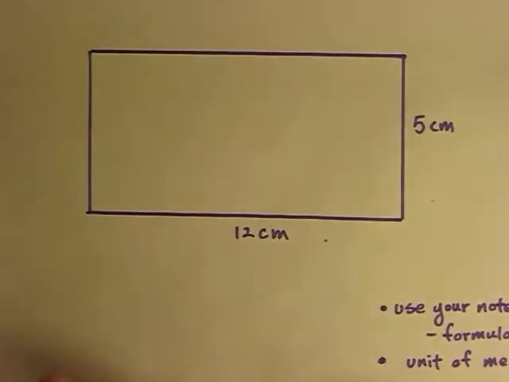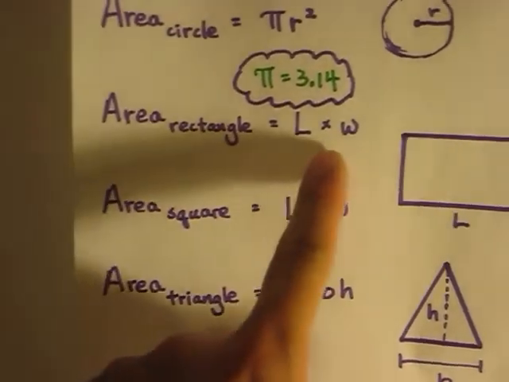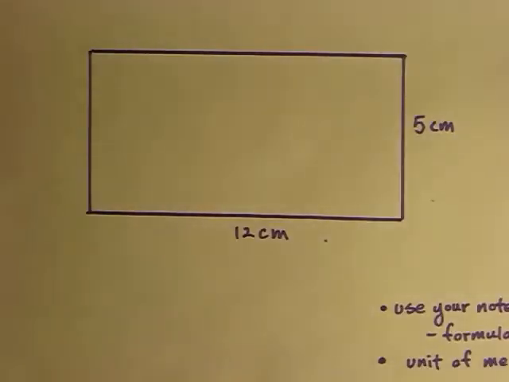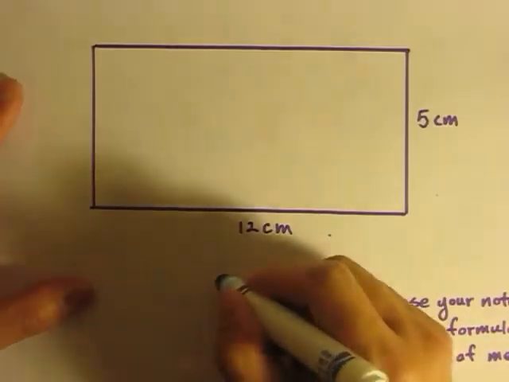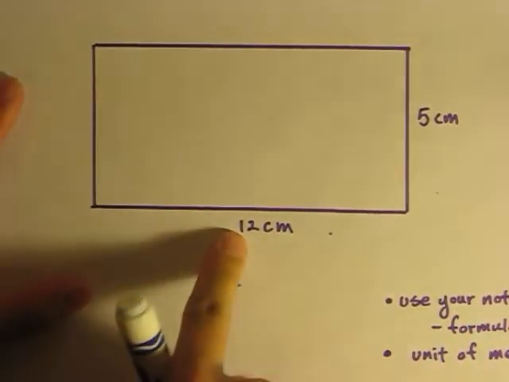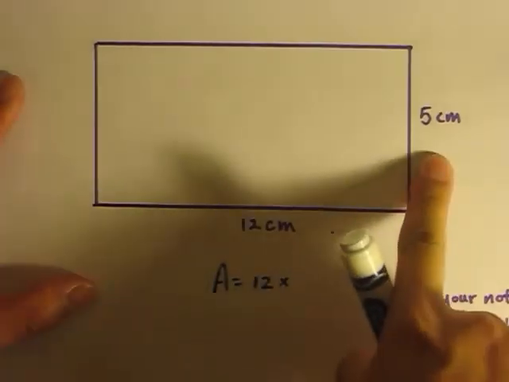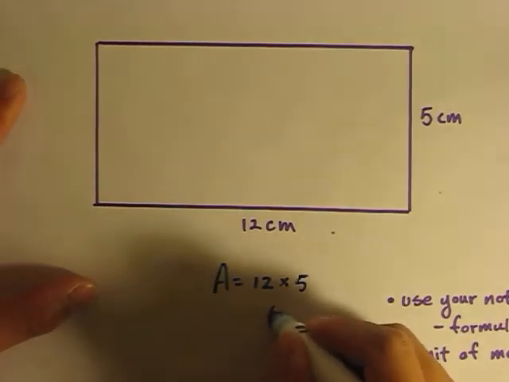Okay, so looking at this, we have a rectangle, and we're trying to find the area. So refer back to your notes. Rectangle area is length times width. Okay, so now we are going to use this information. So we're going to write here, area equals, our length is 12 times width is 5. 12 times 5 gives you 60.